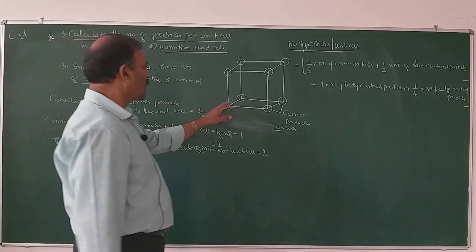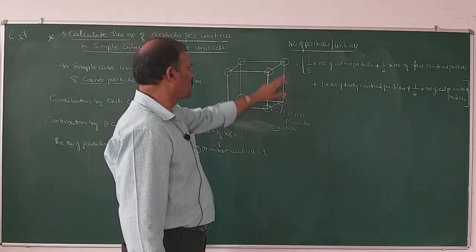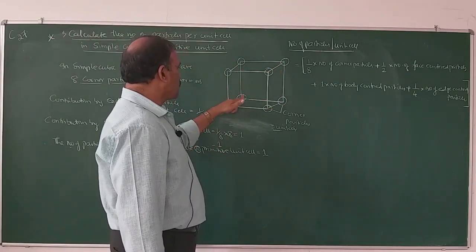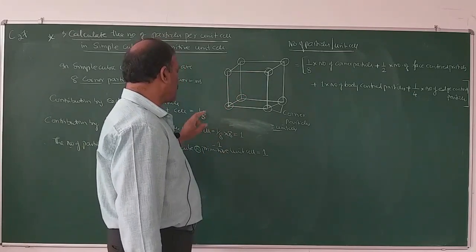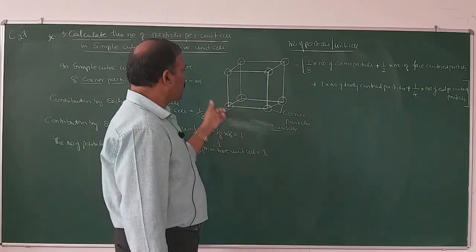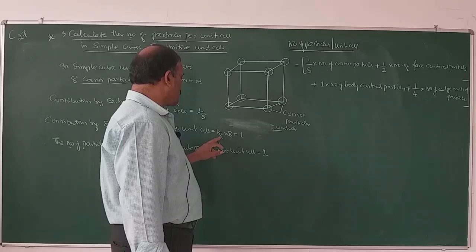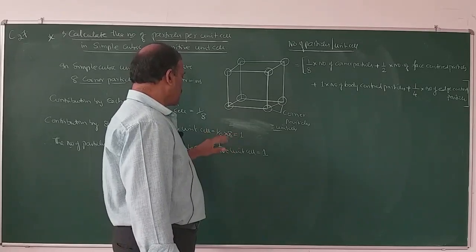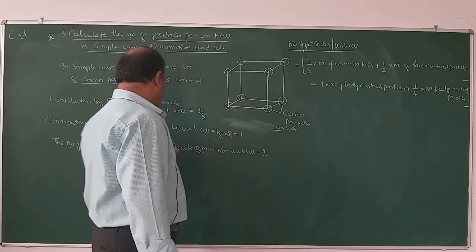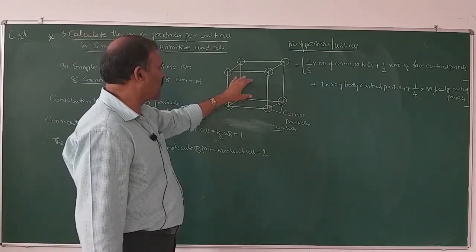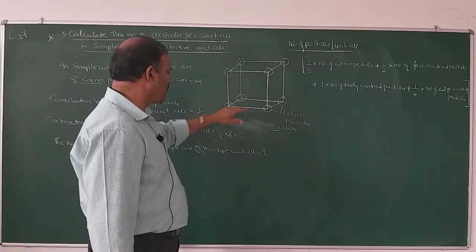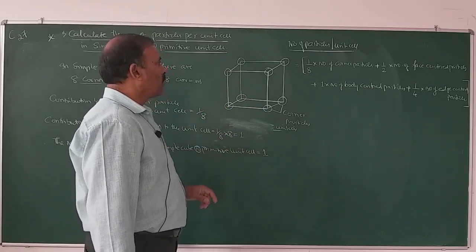So even though there are 8 corner particles, the contribution by each corner particle to this unit cell is 1 by 8. Contribution by 8 corner particles equals 1 by 8 into 8, that is 1. Therefore, altogether the number of particles per unit cell in simple cubic unit cell or primitive unit cell is equal to 1.